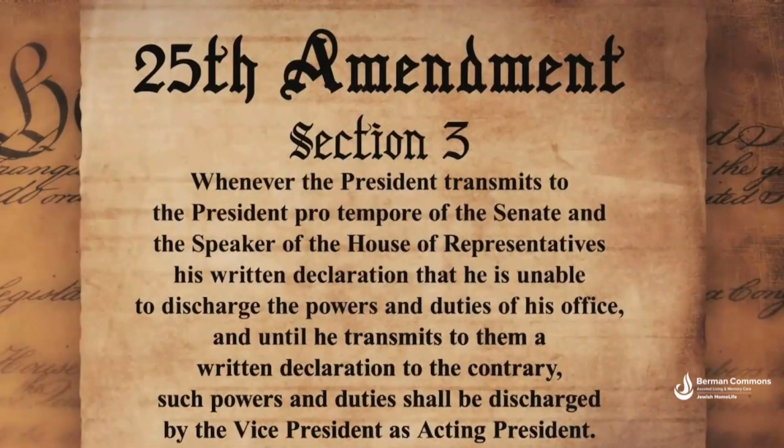At this point, I'd like to discuss the 25th Amendment. This has been brought up in various situations, and the main function of the 25th Amendment was to solve a problem that the Constitution had, and that is, when a president dies or leaves office before the term is up, who becomes the president?